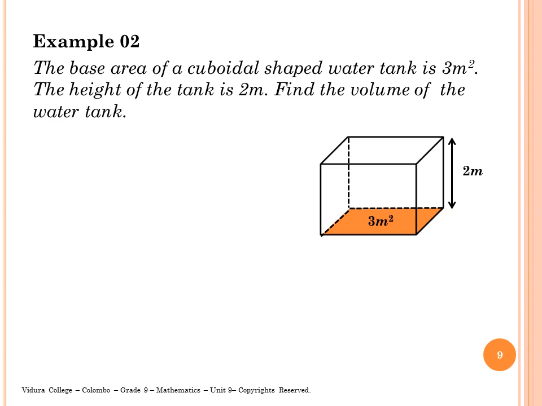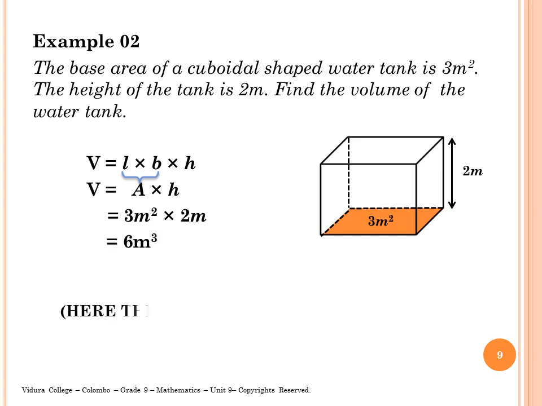Therefore, we can apply the formula volume equals A into H. 3 square meters multiplied by 2 meters, 6 m³. Here the unit of volume is cubic meter.